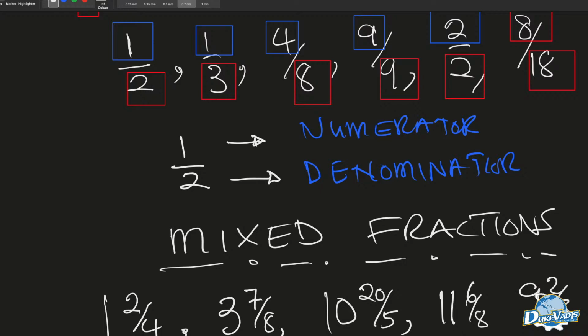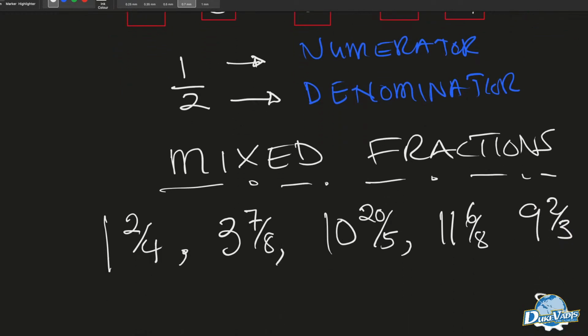You see, these are called mixed fraction. Okay, so let's look at something. So what we've seen over here are called mixed fraction. Now we are going to see the reason why we call them mixed fraction.